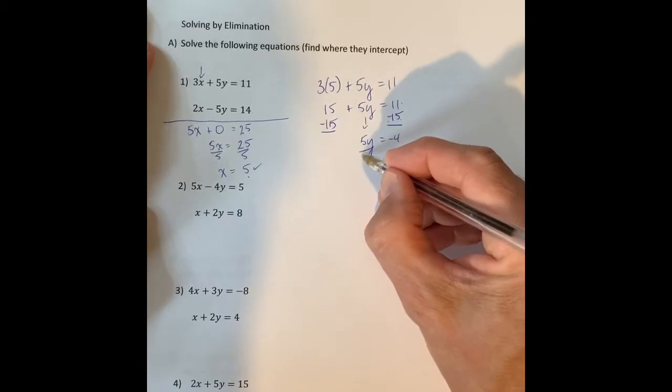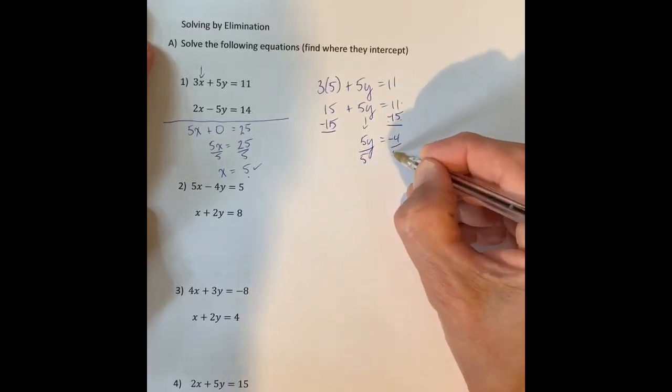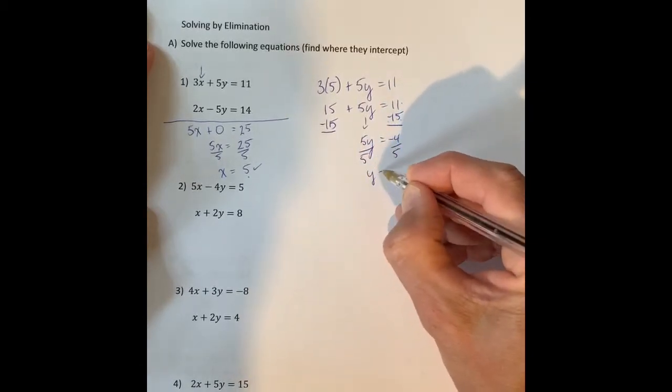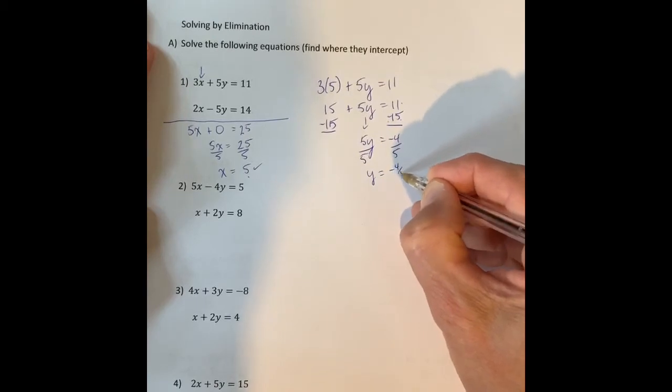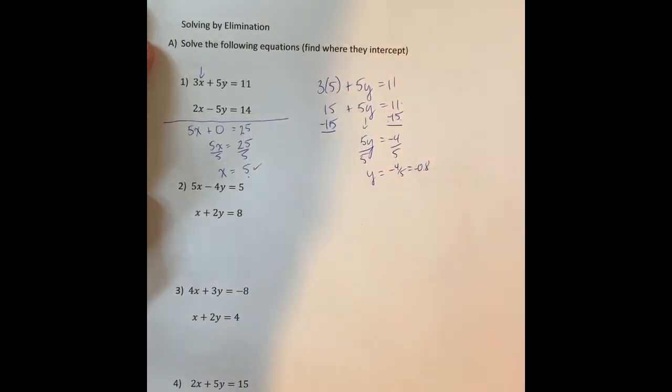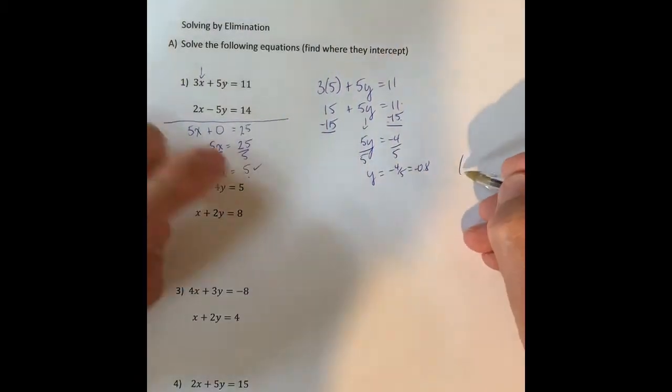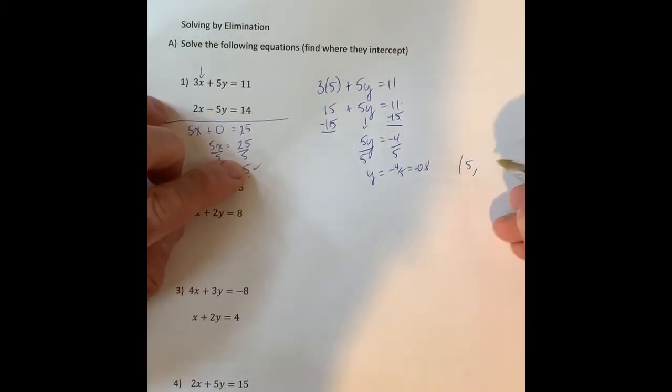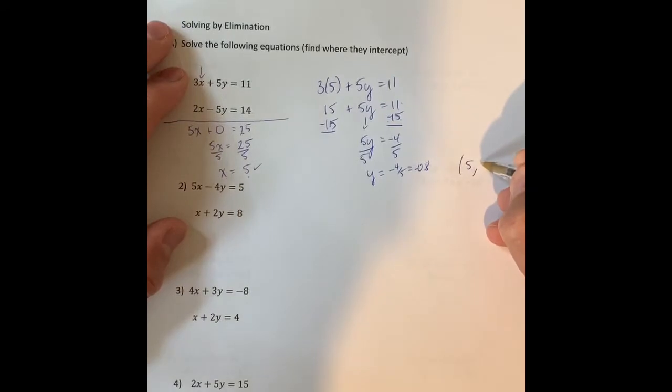Interesting here. So we're going to have a fraction for our answer, and y equals minus 4 over 5. I like fractions. If you like decimals, that's fine too. But our final answer is a point, the x first, the y afterwards. So that's our solution. Great job.